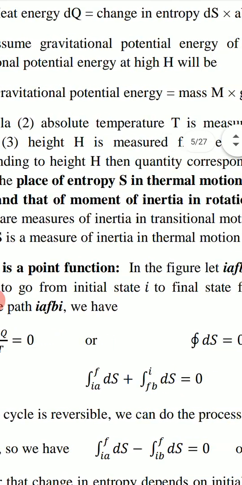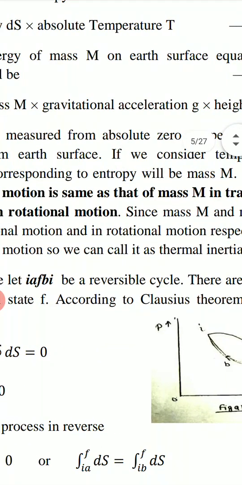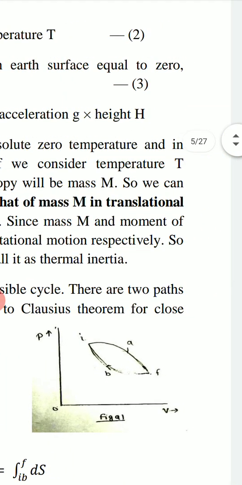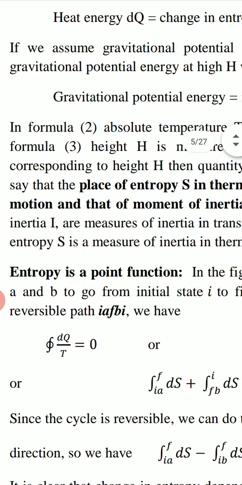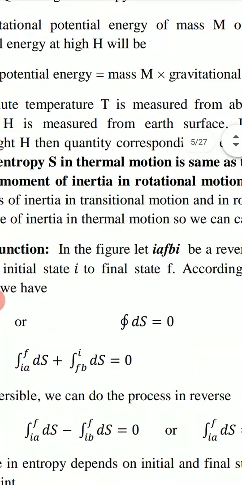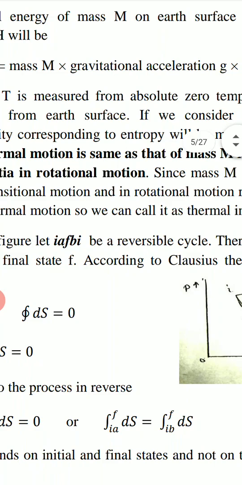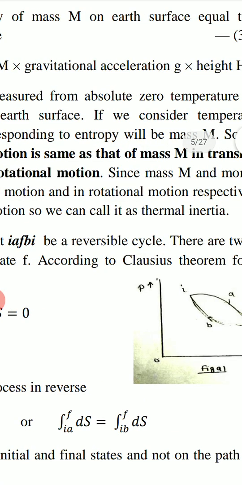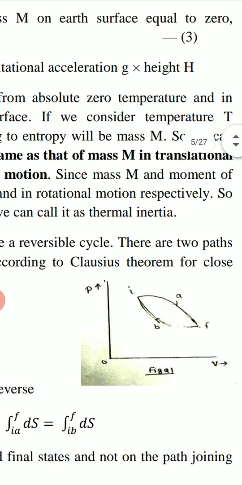If we assume gravitational potential energy of mass m on Earth's surface equal to 0, gravitational potential energy at height h will be mgh, mass m, g gravitational acceleration and height h.